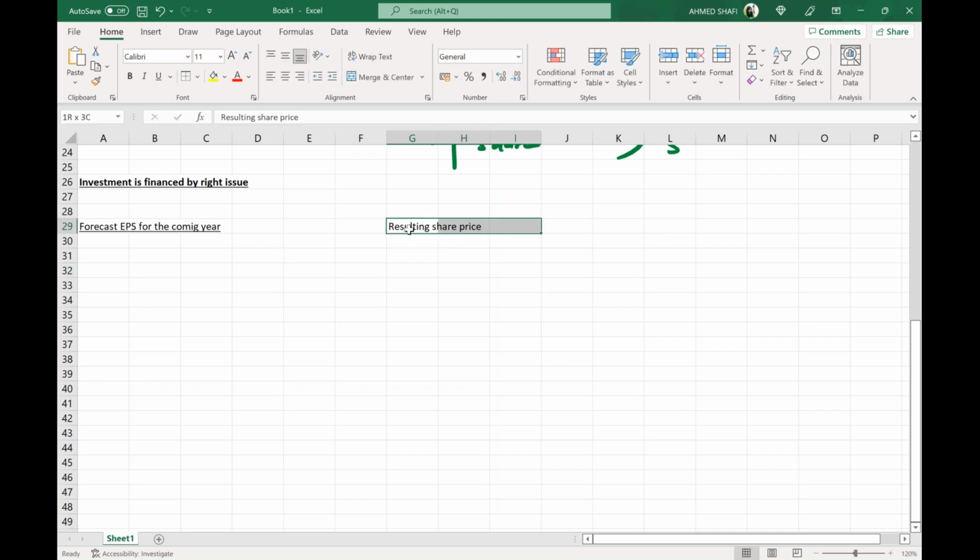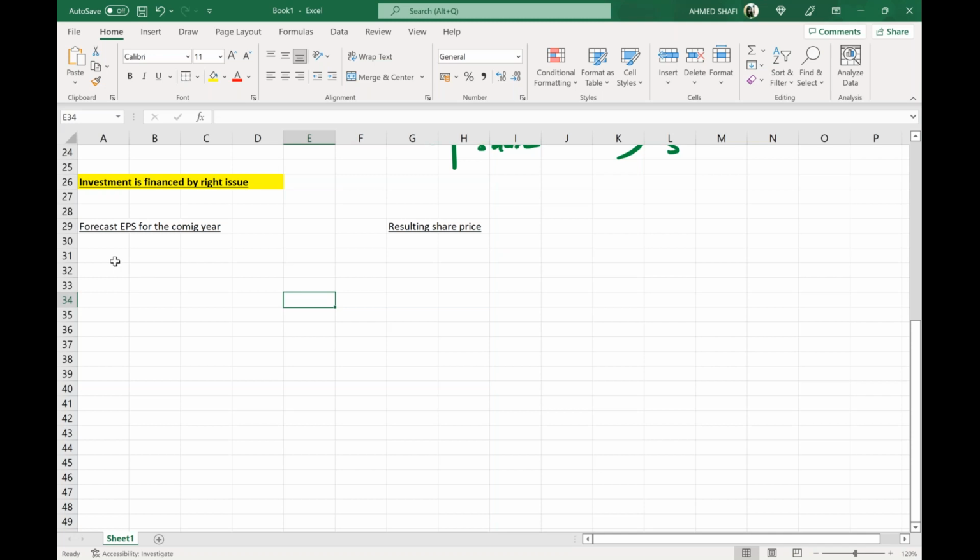These are the two requirements. I have not discussed the loan note portion yet. I've just assumed that the investment is financed by rights issue. I need to calculate forecast EPS for the coming year and resulting share price.